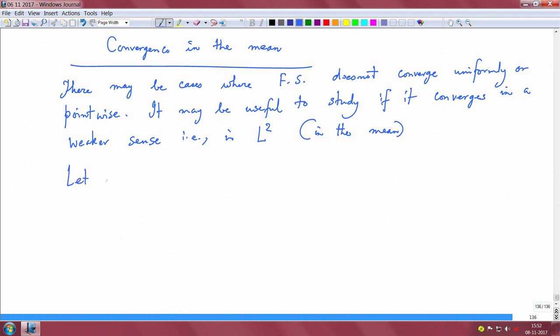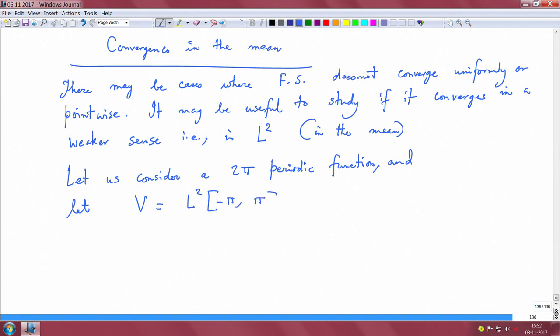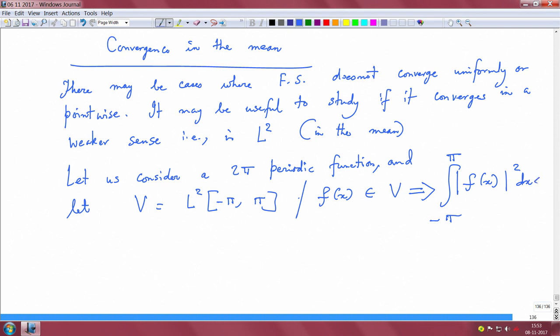Now, let us consider a 2 pi periodic function and let V be the space of all square integrable functions from minus pi to pi, which means if f of x belongs to this space, it implies that the integral from minus pi to pi of the modulus squared of f of x is less than infinity.